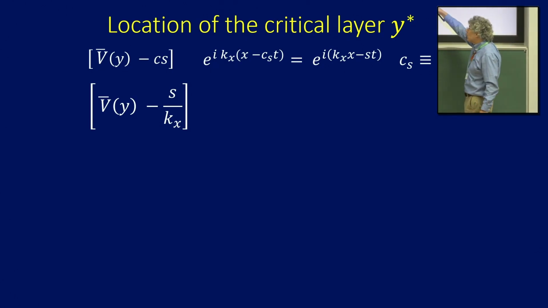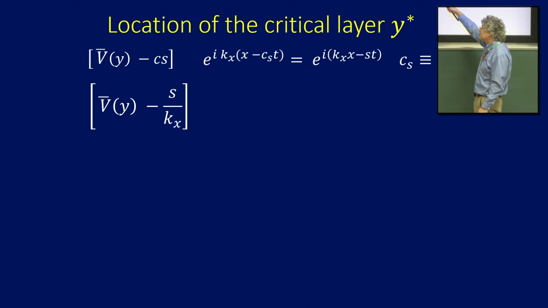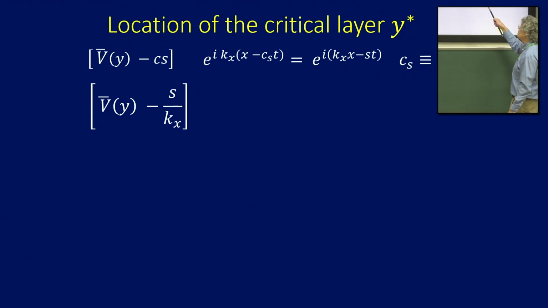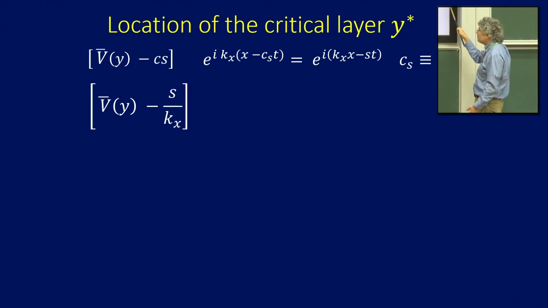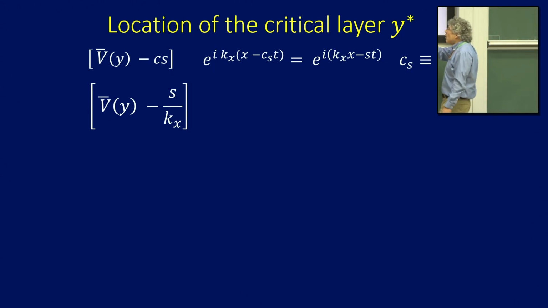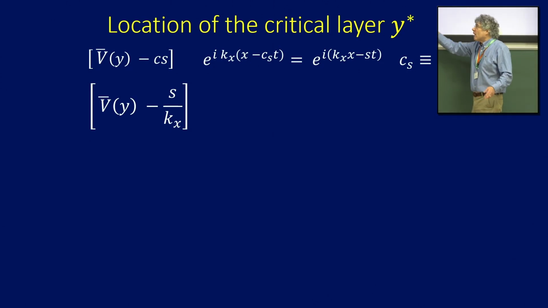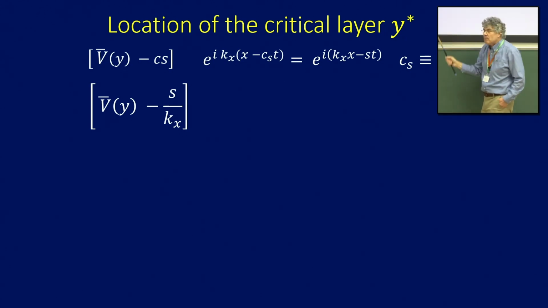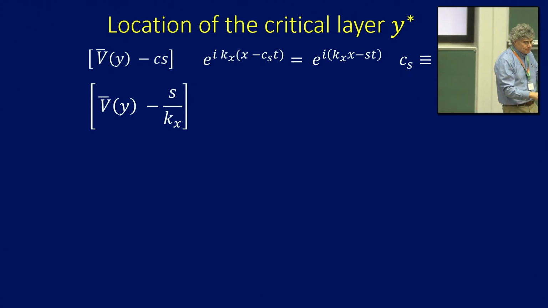If I'm looking at normal modes where I've got a wave number kx in the streamwise direction and a phase speed cs, the frequency is related to the phase speed and the wave number in the usual way. So at those locations y star where this term is equal to that term, I'm going to get a critical layer.